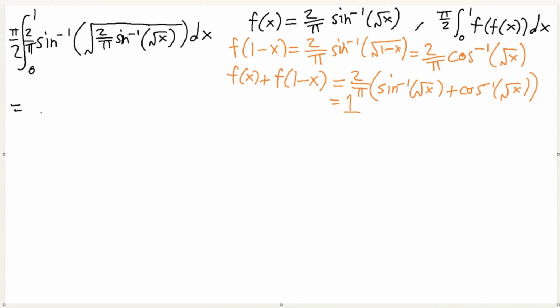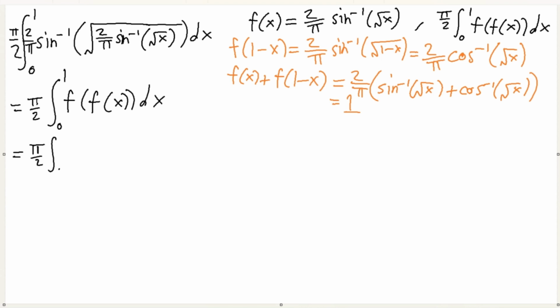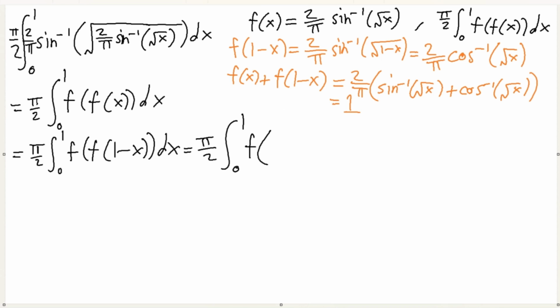So, of course, this is technically pi over 2 from 0 to 1 of f of x. And so now, we let u equal 1 minus x, which, of course, is just f of 1 minus x. And we know that from here, f of 1 minus x is equal to 1 minus f of x. So we have pi over 2 times f of 1 minus f of x.